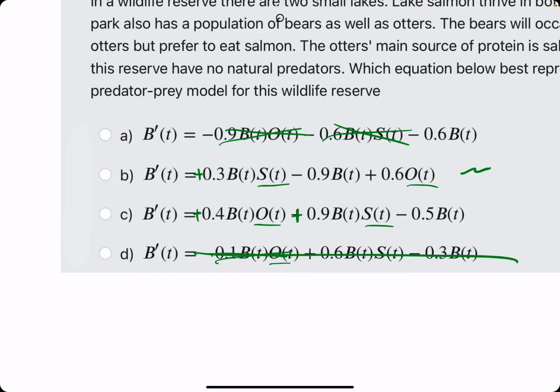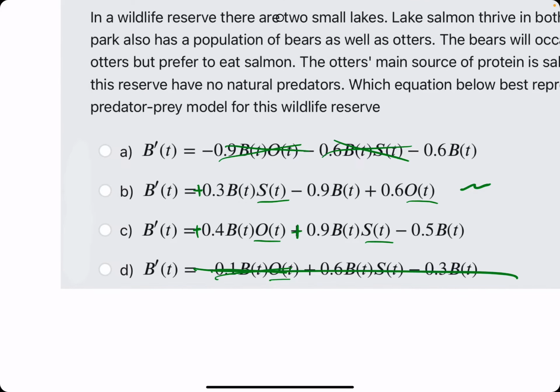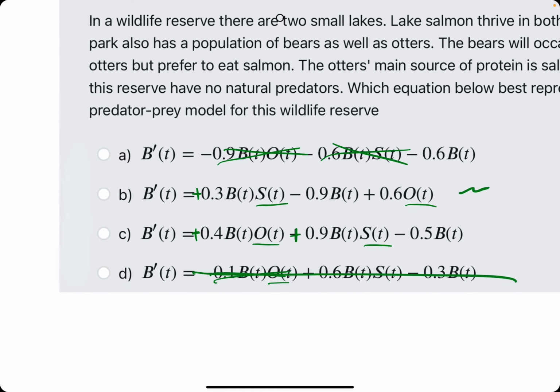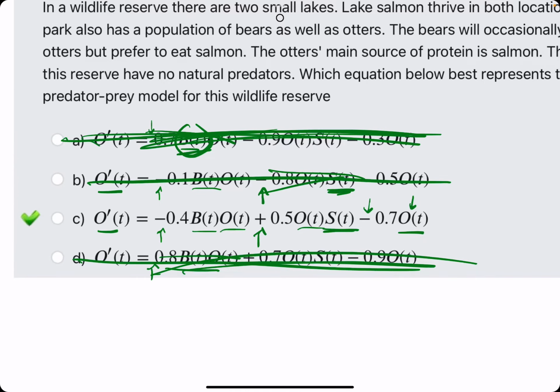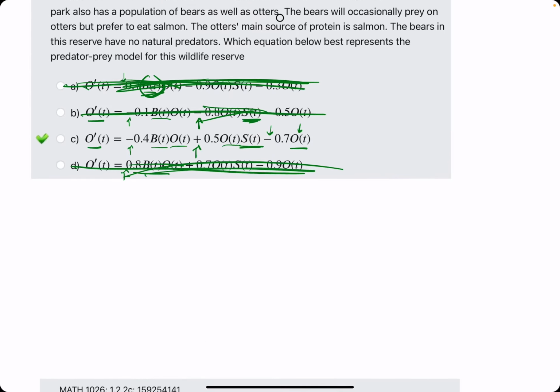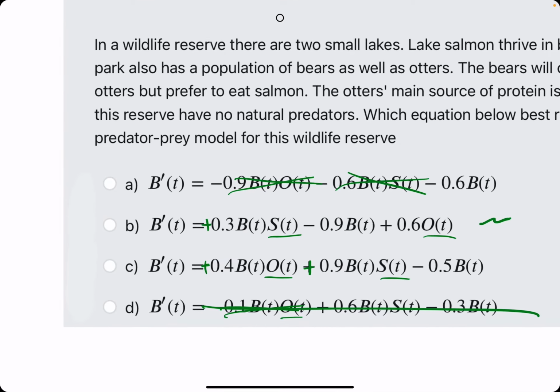So looking at B and C, to follow the pattern we've been seeing, where it's always two letters multiplied by one another, like B times O times S, we probably won't ever pick any that just have a loose O in the mix. And so it looks like the number of otters has a positive effect on the bears.